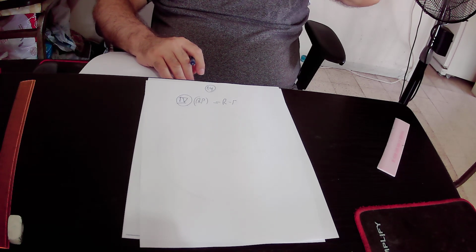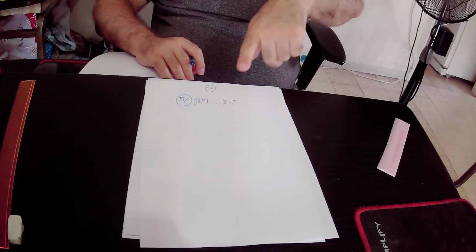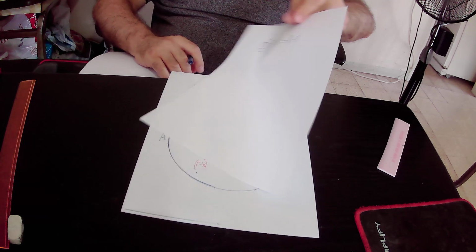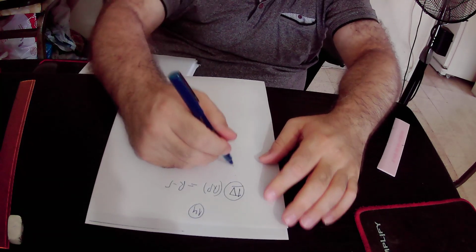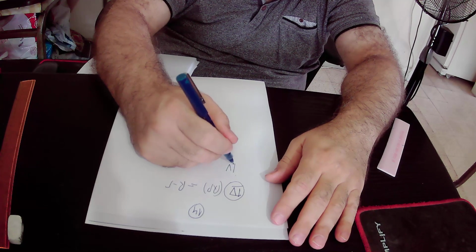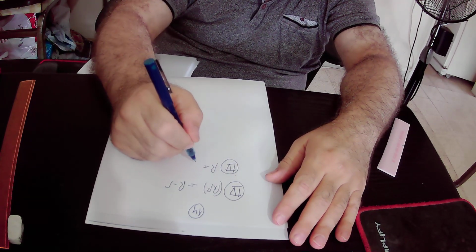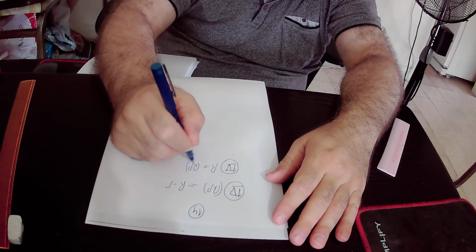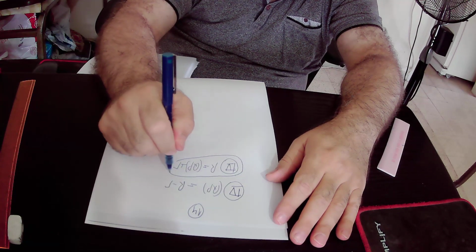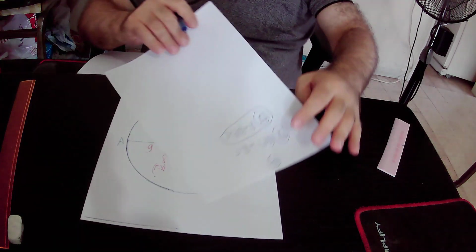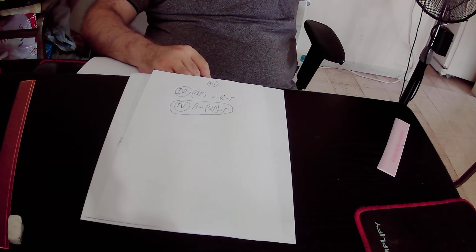Here we can add small r to this equality, and we will get that capital R equals QP plus small r. Okay, we got that capital R, the radius of the big circle, equals PQ plus small r.